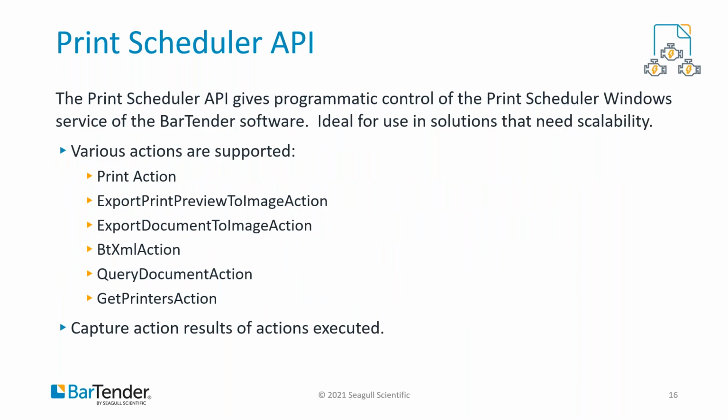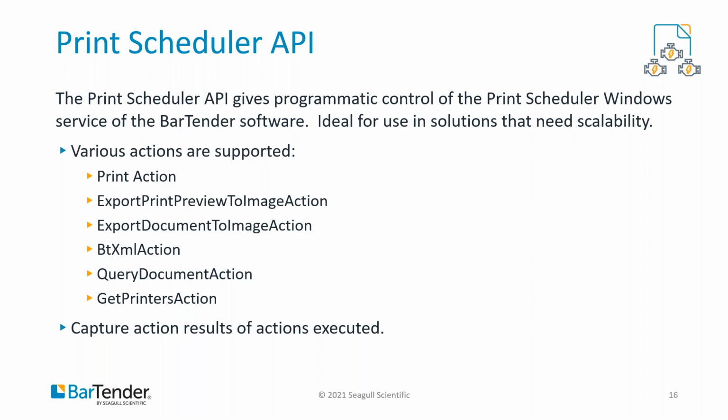I guess the reverse of this is the Print Scheduler API. This is a more recent API, which gives you essentially programmatic control over the Print Scheduler Windows service. So if you look at your services window in Windows, you'll see that there are a number of BarTender services listed, one of which is the Print Scheduler.